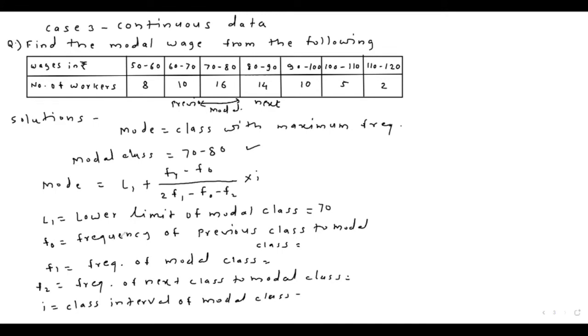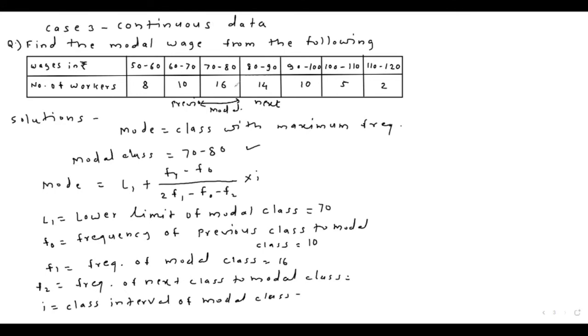Then F0 means the frequency of the previous class to the modal class. Since this is my modal class and the previous class is this, the frequency of this class is 10. Then the frequency of the modal class, since the modal class is 70 to 80, is 16. Now F2 is the frequency of the next class to the modal class.